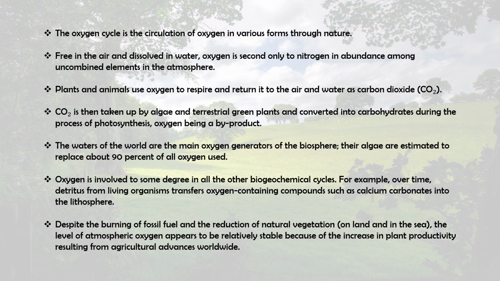Plants and animals use oxygen to respire and return it to the air and water as carbon dioxide. Carbon dioxide is then taken up by algae and terrestrial green plants and converted into carbohydrates during photosynthesis, where oxygen is released as a byproduct. So the waters of the world are the main oxygen generators of the biosphere.